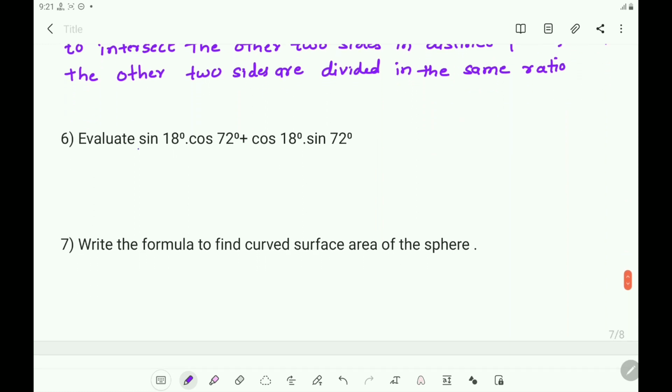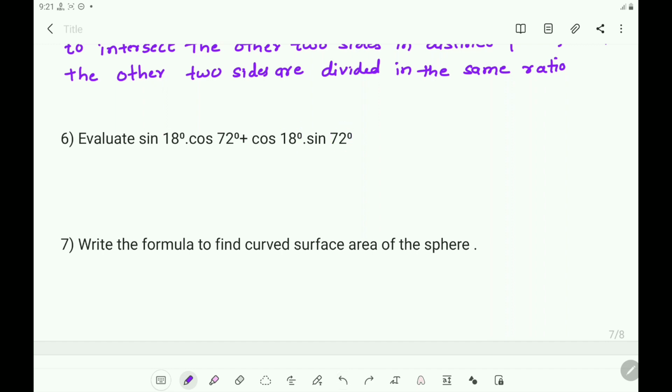Evaluate sine 18 degree into cos 72 degree plus cos 18 degree into sine 72 degree. Here you observe the sum of these two is 90 degree and sum of these two is also 90 degree.